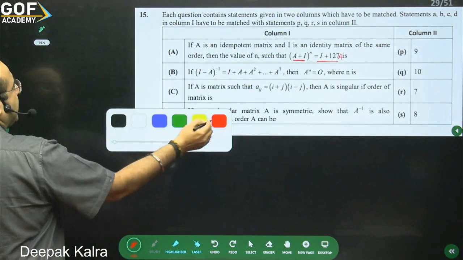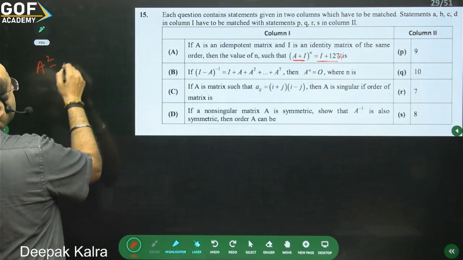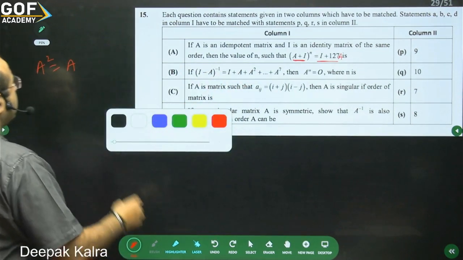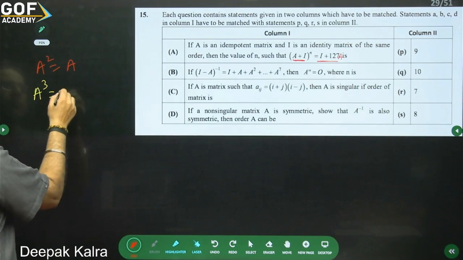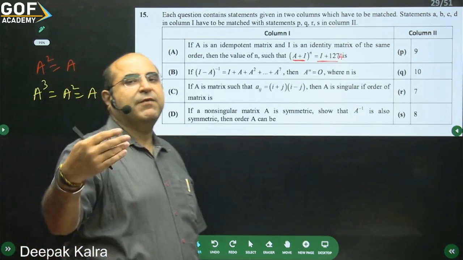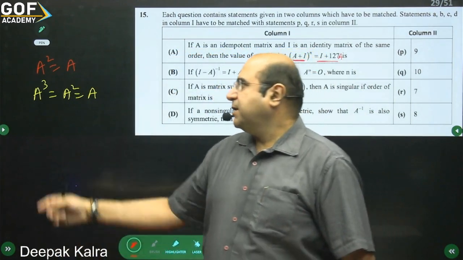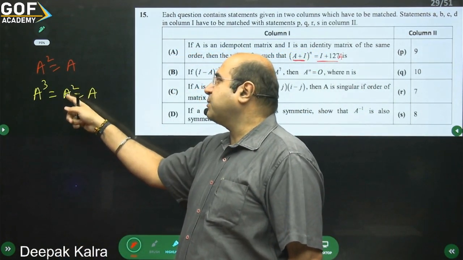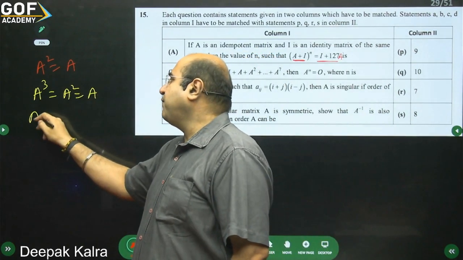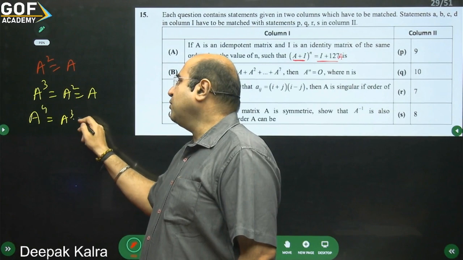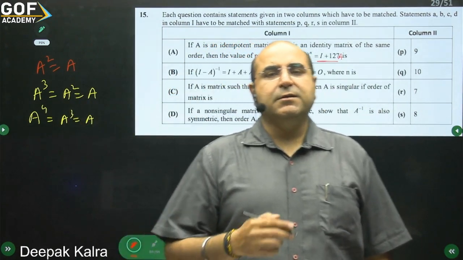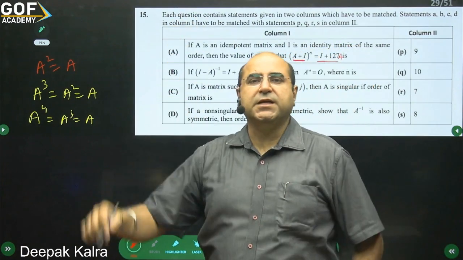When you have A square equals A, right? Idempotent. If I do cube, you get A square, which is nothing but A again. If I multiply A again, it should form A cube. A cube equal to A square. A square is nothing but A. If I do A power 4, it is A cube. A cube is nothing but A. Means in idempotent, every power remains same.